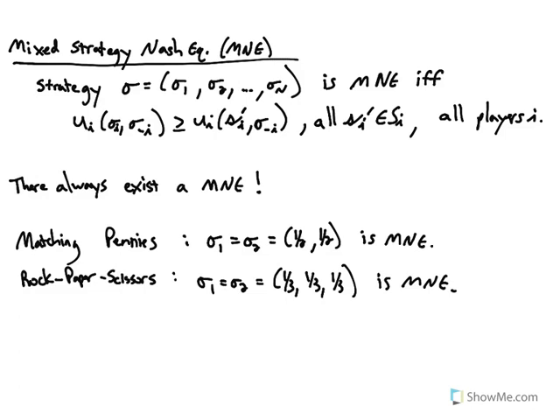Now, not all Nash equilibria have equal probability on all the strategy space. These are just special cases, but they're illustrative of the way that mixed strategy Nash equilibrium works. If you're playing rock, paper, scissors 1/3 of the time each, it doesn't matter what I do. I could play rock all the time if I like. I'm going to win 1/3, tie 1/3, and lose 1/3.